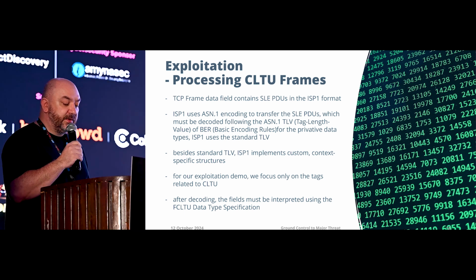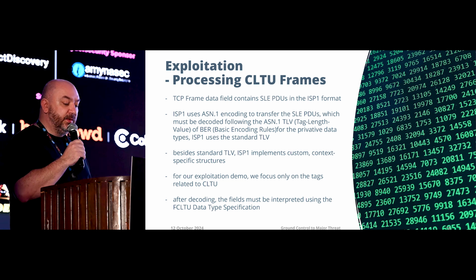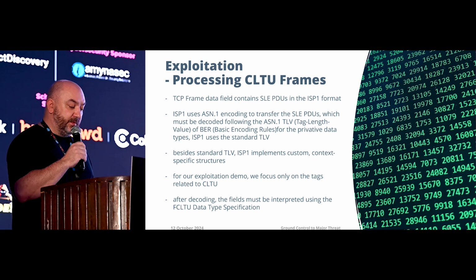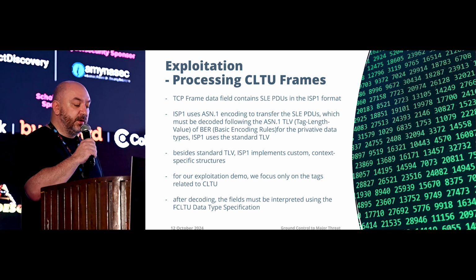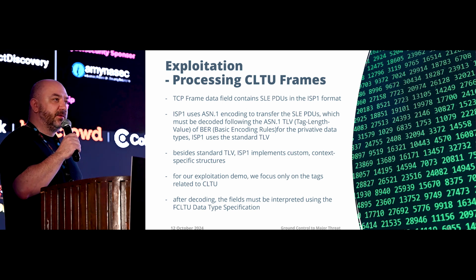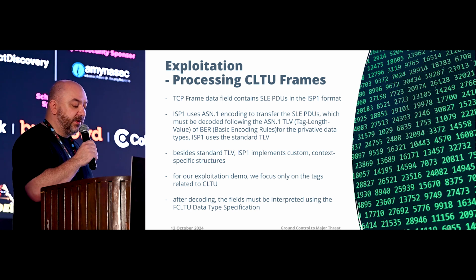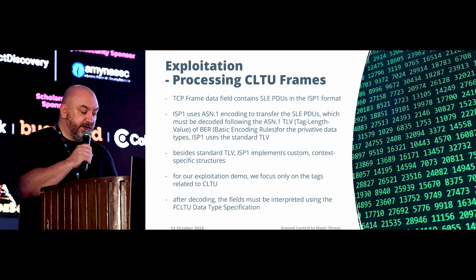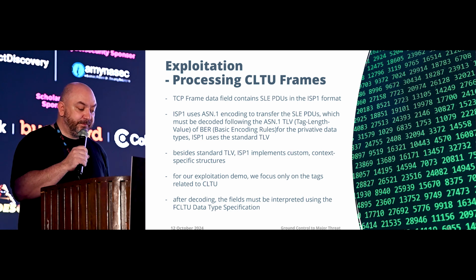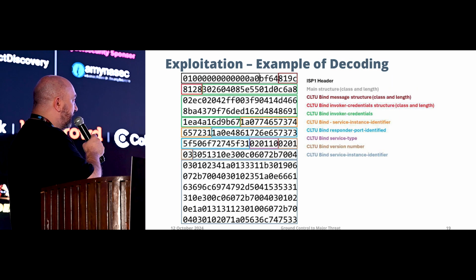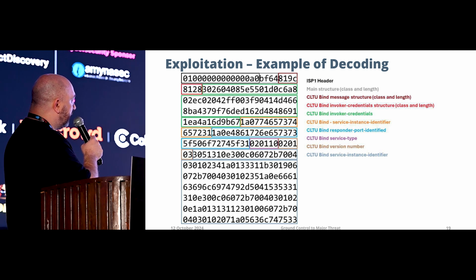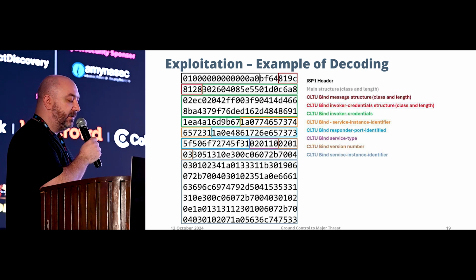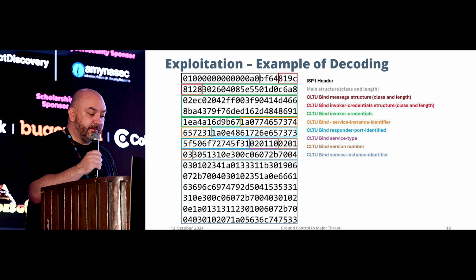And as I mentioned before, we focus on the CLTU only. So once we capture the data and extract those values, we have to map them to the FCLTU data type specification. And so here is an example. This is one of the frames that contains the CLTU bind data.